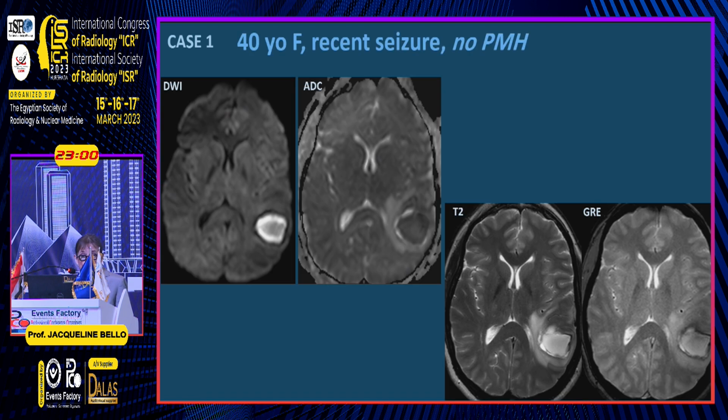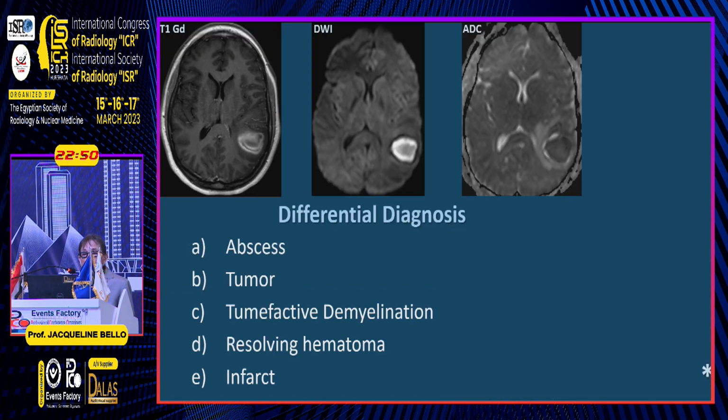You have diffusion imaging on the top left and T2 and gradient imaging before you. So what is the differential diagnosis? Abscess, tumor, tumefactive demyelination, a resolving hematoma, or infarct? You have a moment to think, and here's the answer.